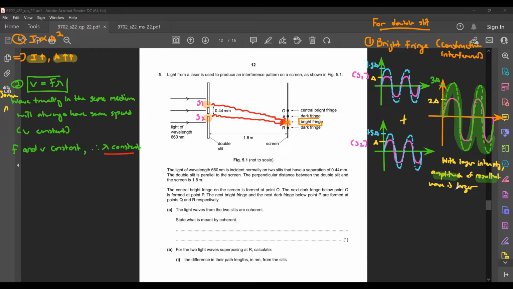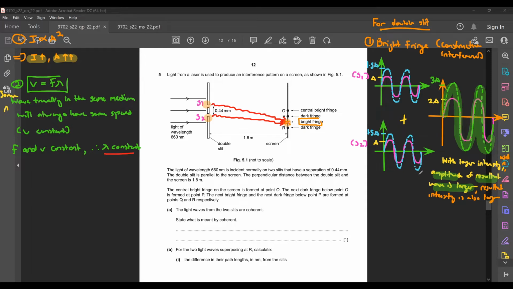With larger intensity, amplitude of resultant wave is larger. So resultant intensity is even larger because amplitude is related to intensity, okay? So with larger intensity, the amplitude of resultant wave is larger and resultant intensity is also larger.